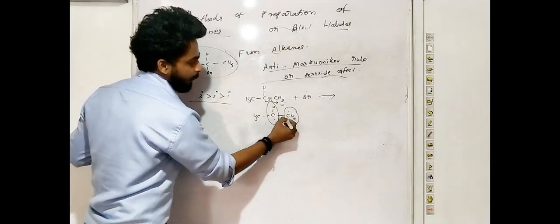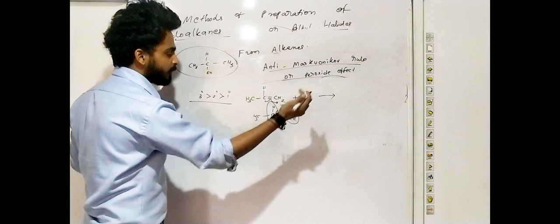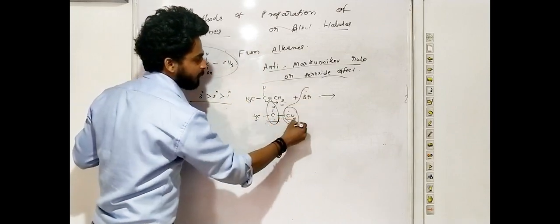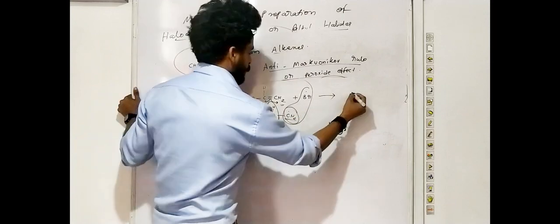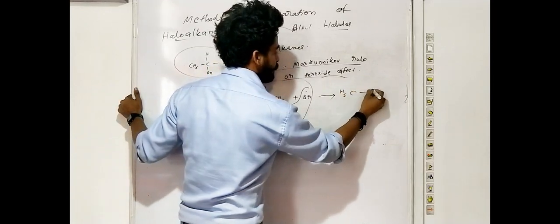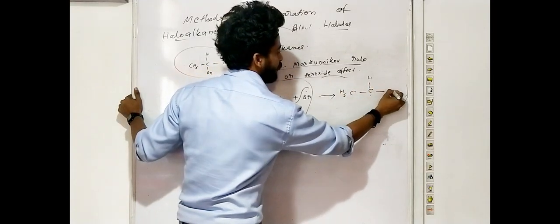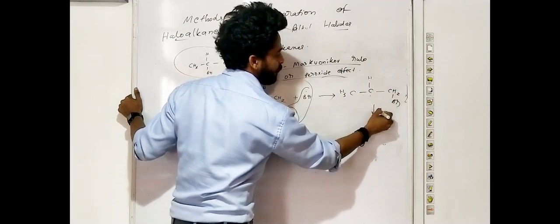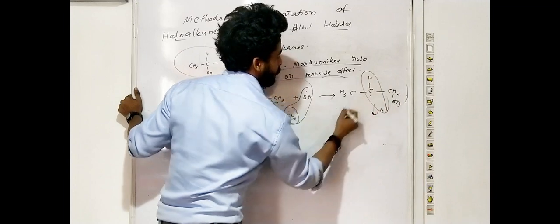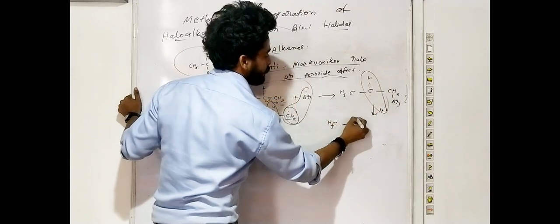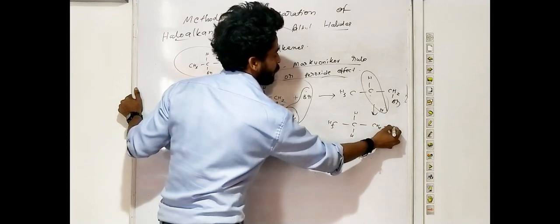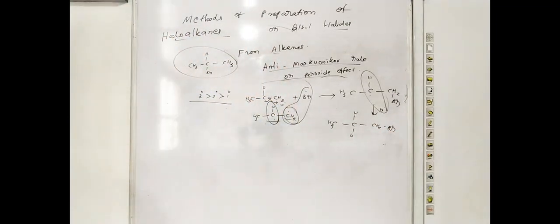So the Br dot and this CH2 will react to form CH3, CH dot, CH2Br, and this will react with another H dot to form CH3, CH2, CH2Br. So that is the mechanism of this anti-Markovnikov addition.